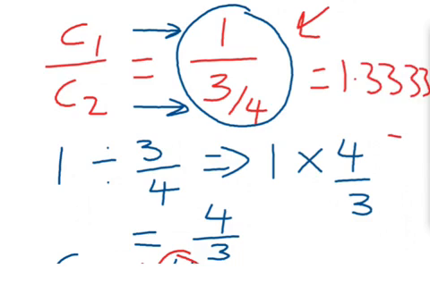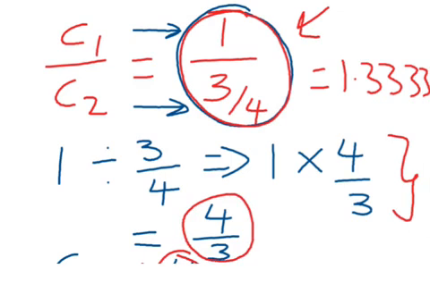So that tells you that what we did here was only a transformation to remove the fraction from the denominator, but it still actually means the same thing. So 1 over 3 over 4 is the same thing as 4 over 3.